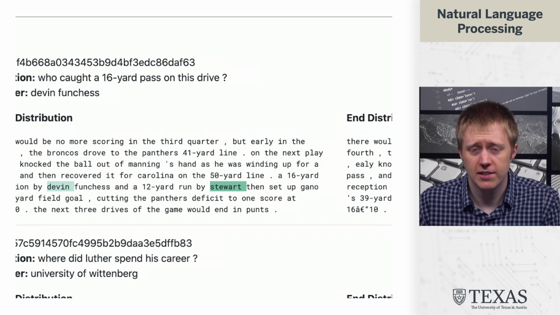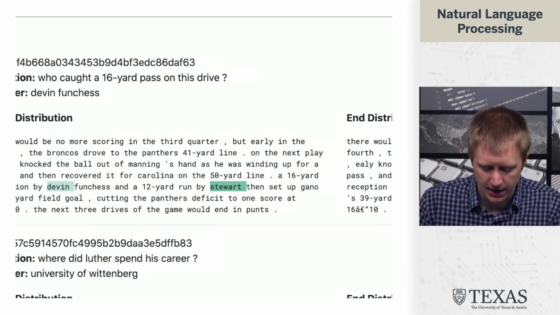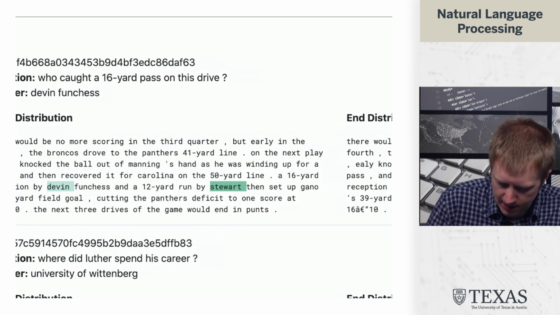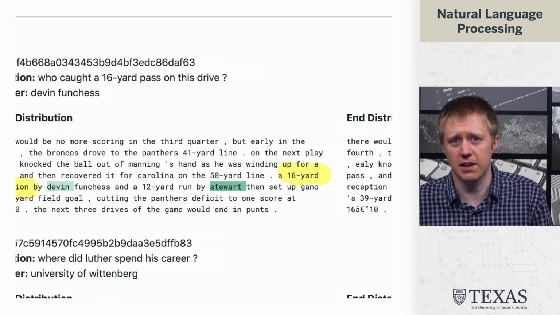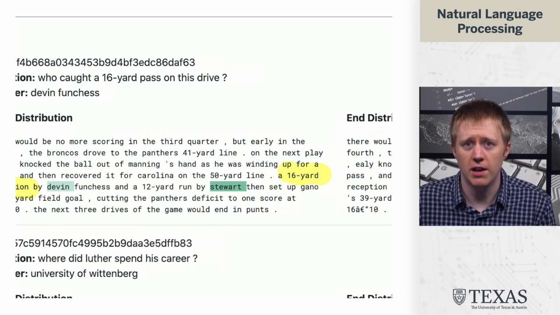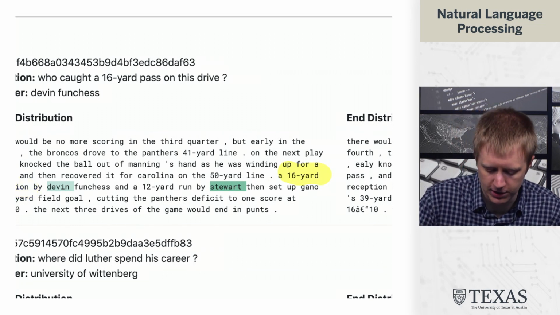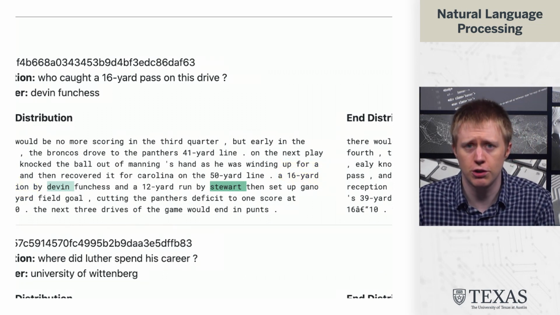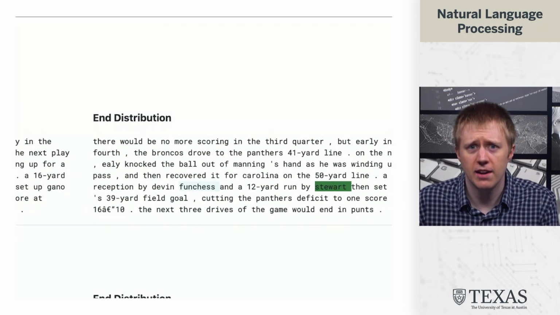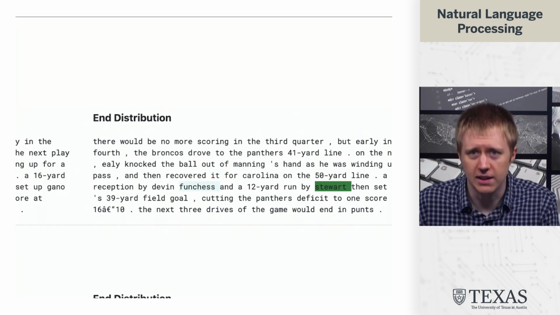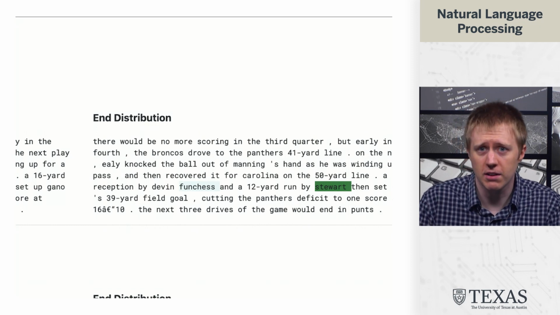Notice that the model has successfully identified that there was a 16-yard reception here, so probably the fact that there was something going for 16 yards was very important for the model to zero in on this, but then it's not actually sure who in the sentence is responsible for it. But then the end distribution is very confident that it's Stewart. So this is not correct.